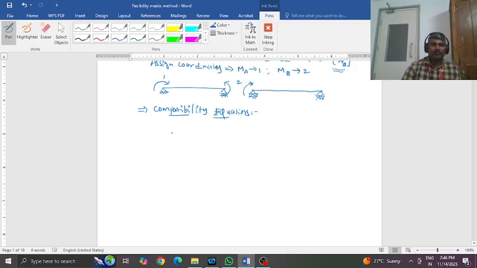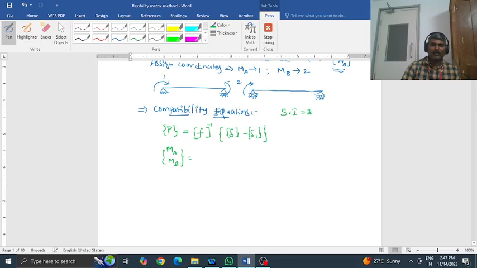Now I'll write that compatibility equation. You might have learned this: P is equal to F inverse into delta minus delta L. These are the compatibility equations. The number of equations depends on your static indeterminacy. In our case, the SI is 2, which means there are two equations. If I expand this, MA, MB are my redundants.